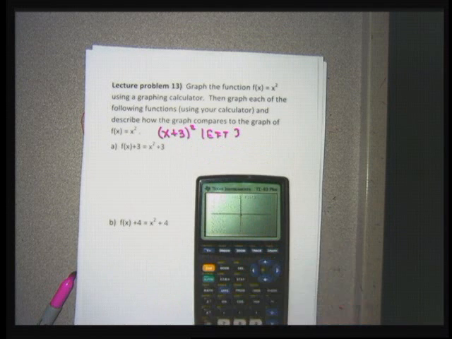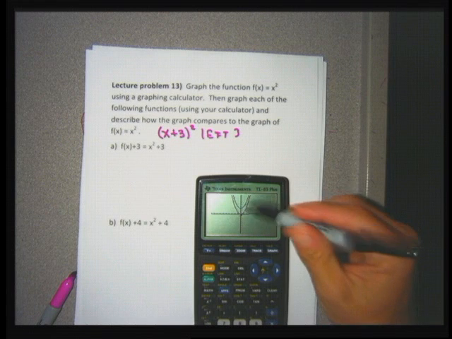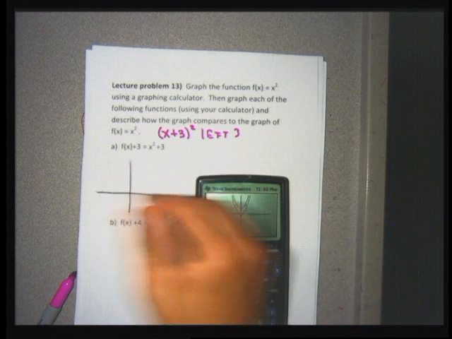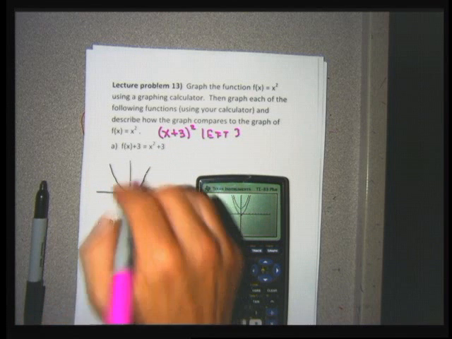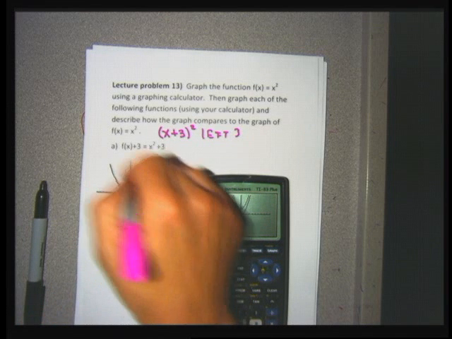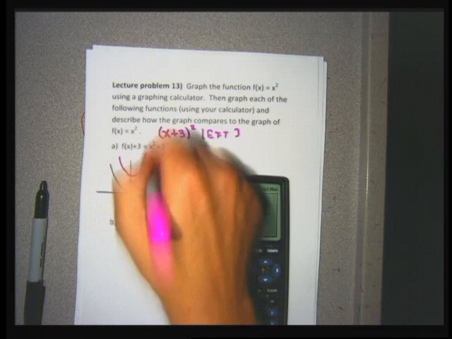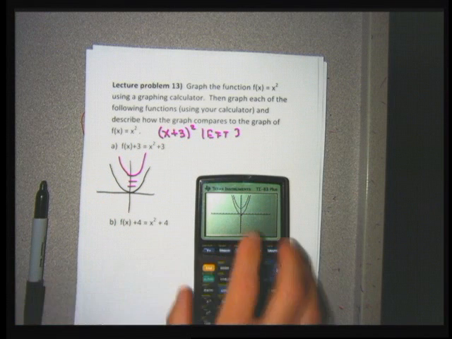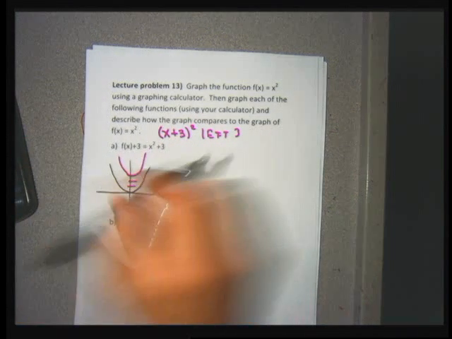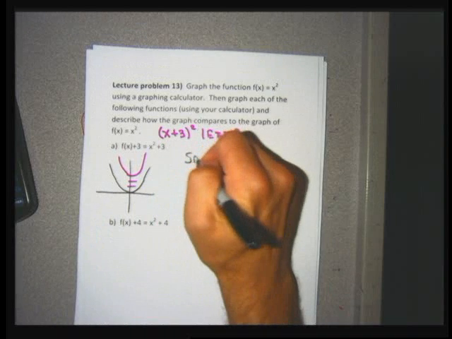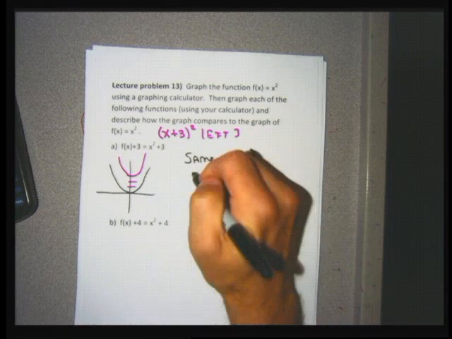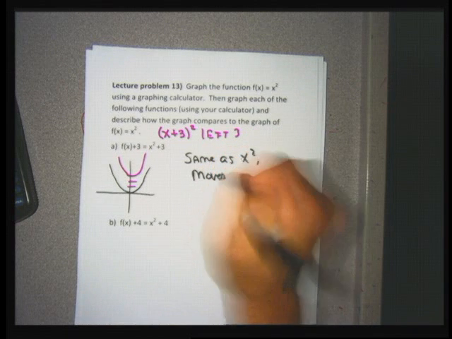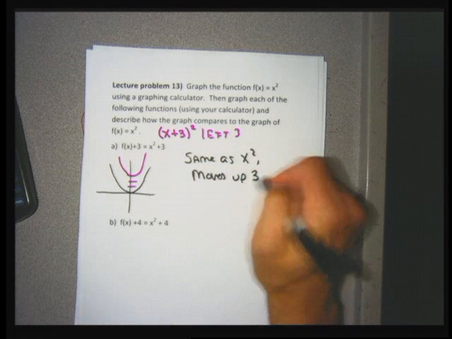And when I do that, instead of moving it to the left, it actually moves it up 3 units. So the graph of x squared, I know, is a nice parabola with its vertex at the origin. This graph that has the plus 3 is a parabola with its vertex at the point 0, 3. So it's moved up 3 units. So I can say this graph is the same as that of x squared, but it's moved up 3 units.